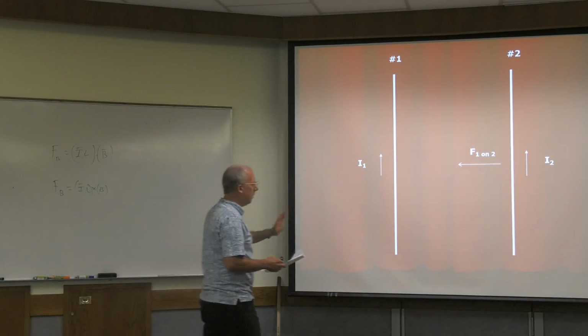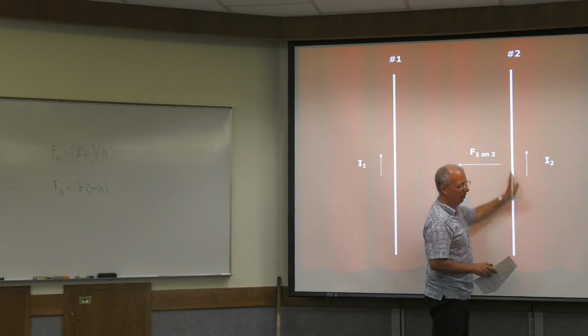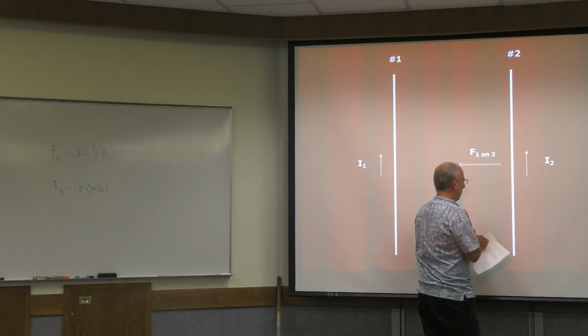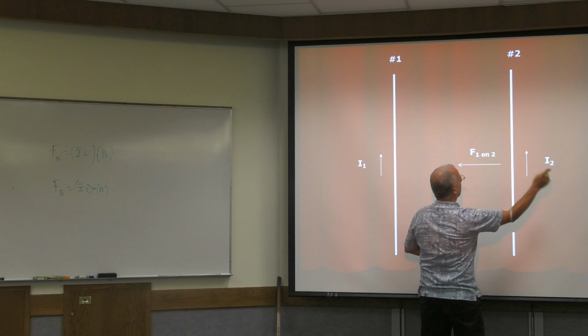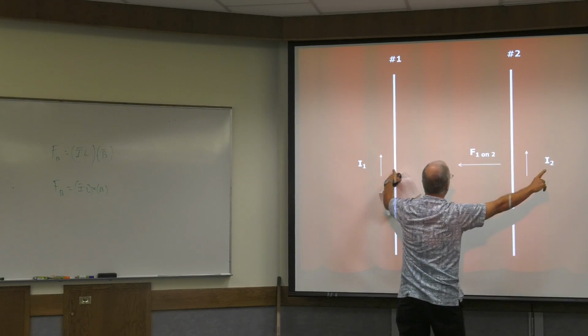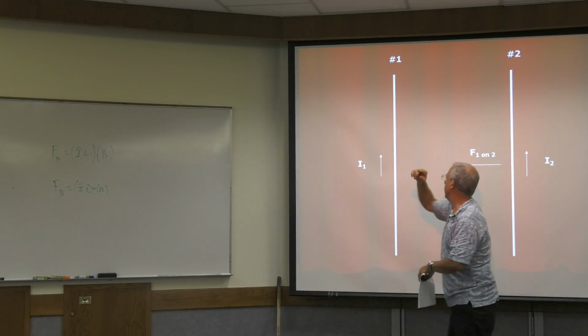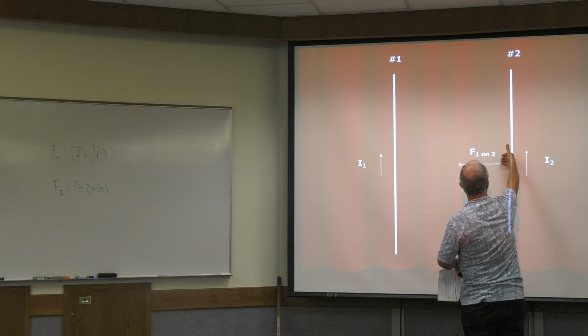Okay, now let's go the other way. I2 is producing a magnetic field, right? So grab that wire, and it goes like this, bigger, bigger, bigger. So what's the direction of the B field right there? It's coming out. Agree?